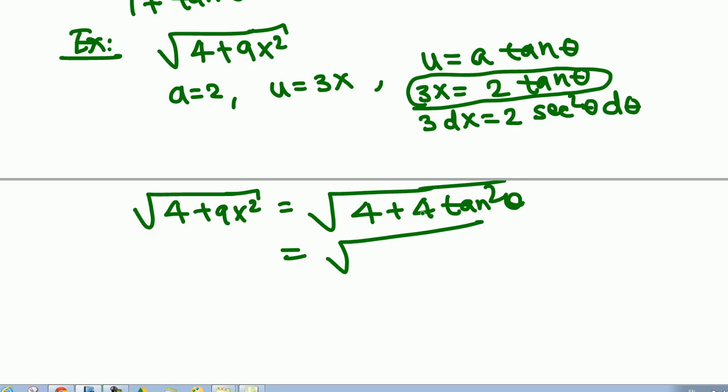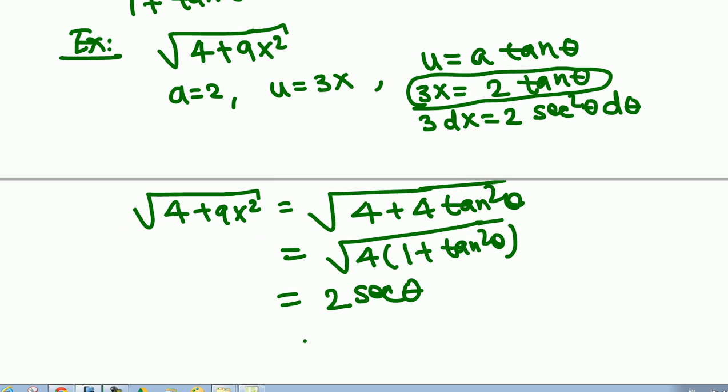Now we can factor 4 out, which leaves 1 plus tangent squared theta. The square root of 4 is 2, 1 plus tangent squared is secant squared, and the square root of secant squared is secant theta. That's how we get rid of this square root.